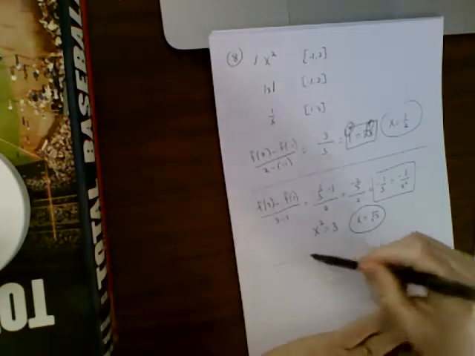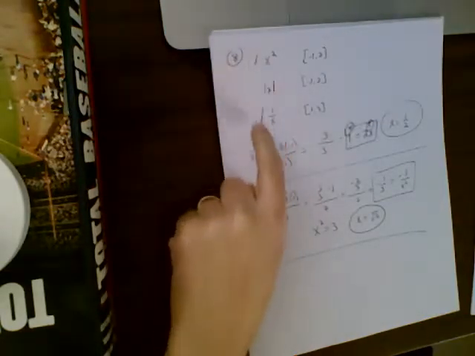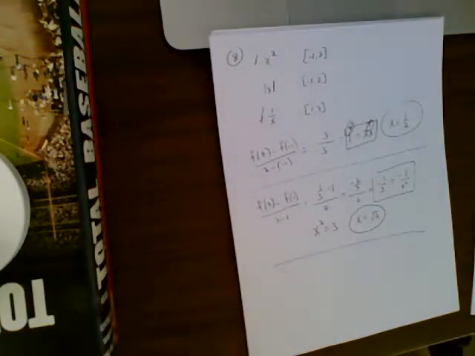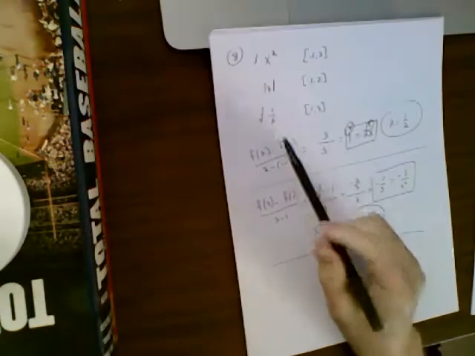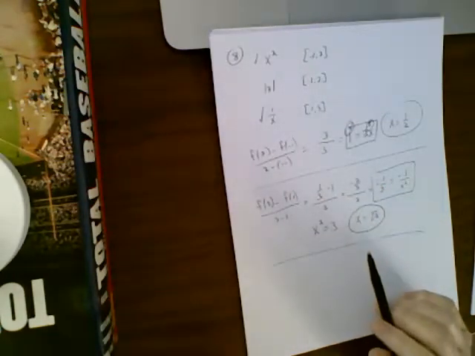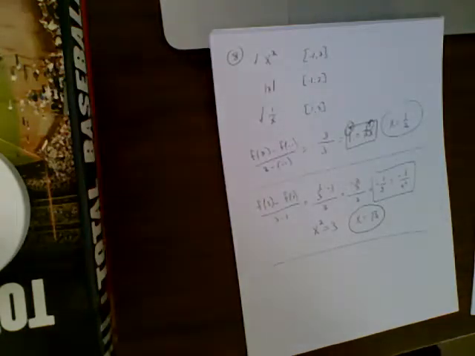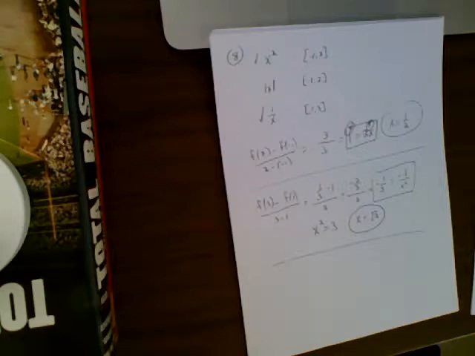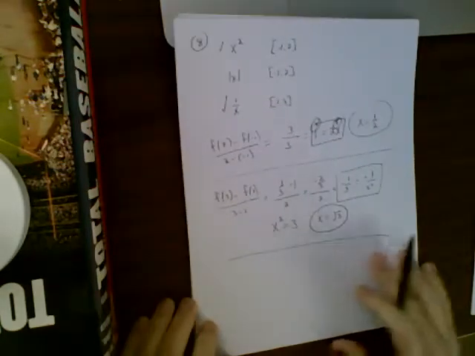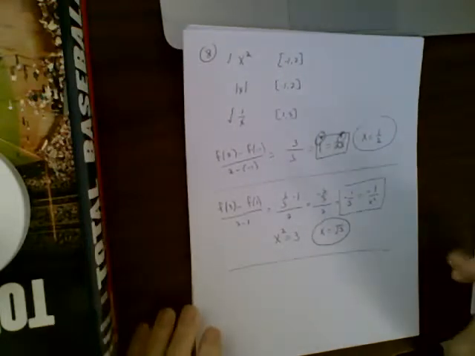Now, so again, in part A and part E, the mean value theorem guaranteed there was a point where the derivative was the average rate of change, and we went ahead and found it. For part C, there are no guarantees that there is a point where the exact rate of change equals the average rate of change. Coincidentally, there might be a point where it happens, but the mean value theorem doesn't guarantee it.